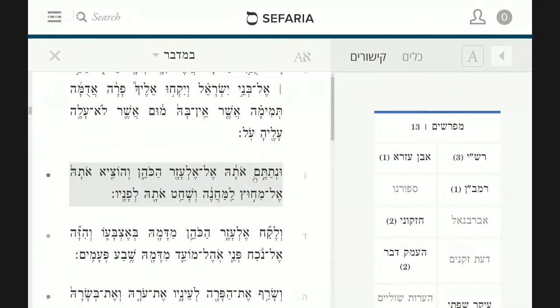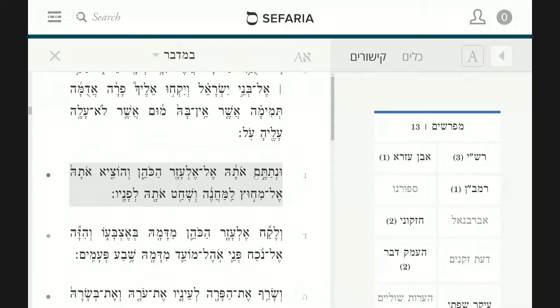All right, we have this word unitatem, and this comes from the verbal root nun, tav, nun, and the final nun of that root got dropped off.